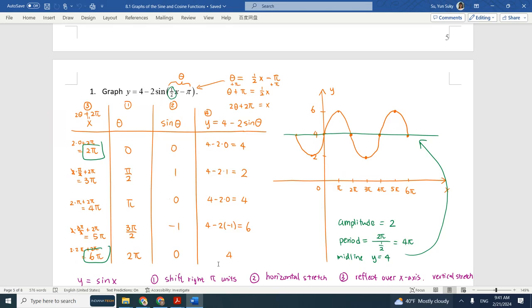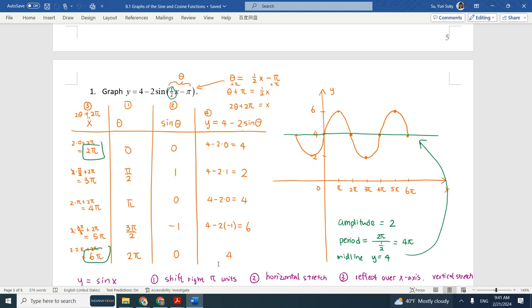And then you look at your sine theta value. Then you can fill out the y. The y is 4 minus 2 times the sine theta values. So fill out the y. Now, because you have your x and your y, you can plot the 5 key points on the xy plane and connect them smoothly. You still remember, everybody?